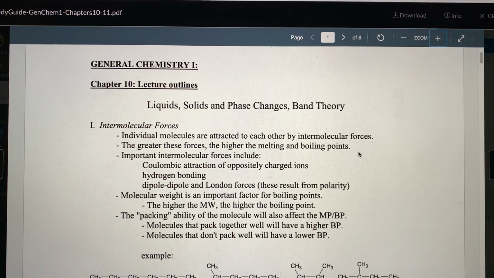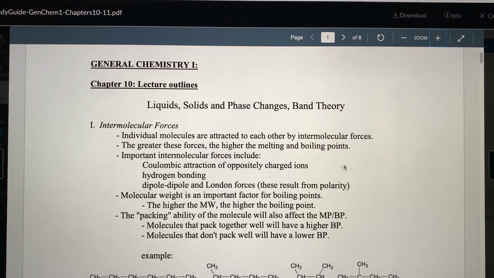That's simply because the stronger the force, the more tightly the molecules are held together. Therefore, it takes more energy to boil them off or to melt them, which means a higher temperature.